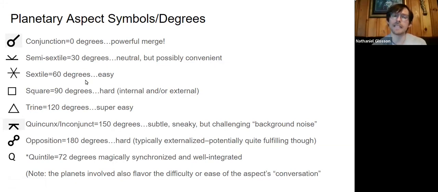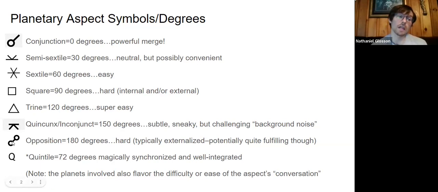Other places, I have seen cases where planets could be conjunct close to 10, or in a square or trine, although that's usually if it's the moon or something very fast. But back to the quincunx, 150 degrees, the energy of it is very subtle, a little sneaky. It's often not recognized. We don't look at this aspect a lot, but it does represent some sort of challenging background noise.